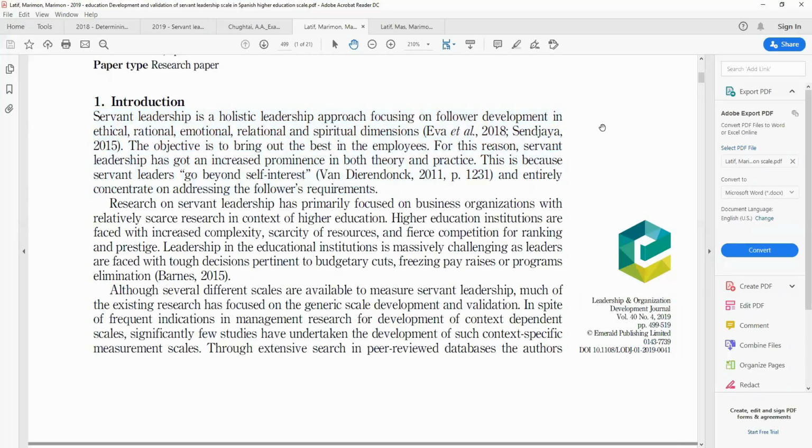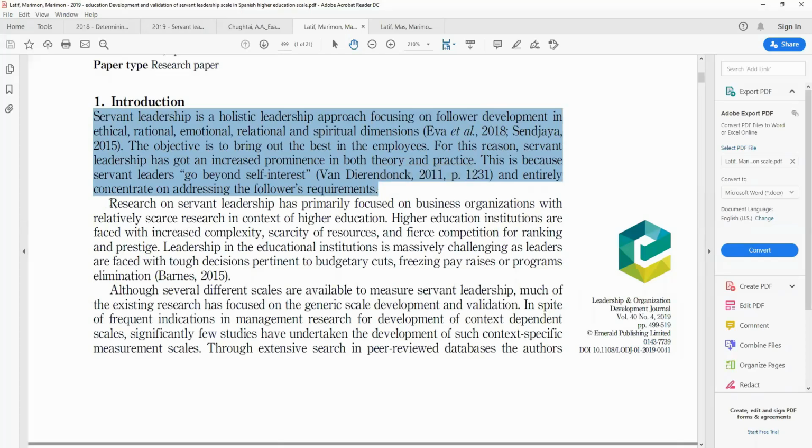This paper actually starts with identifying the importance of studying servant leadership. The first paragraph is on why servant leadership, what's different, why it is important.